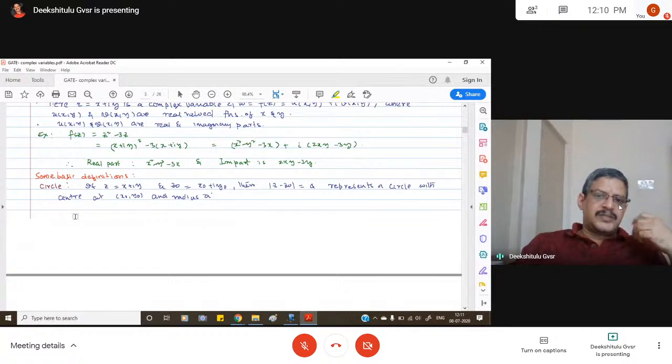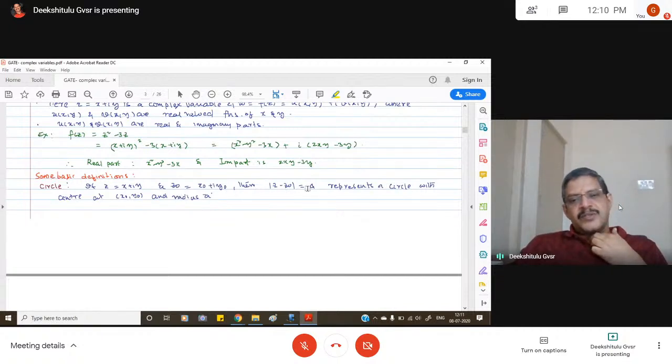What is the similar concept in the complex number system, for complex functions? Some basic definitions. Circle: if z is equal to x plus iy and z naught is equal to x naught plus i y naught, then modulus of z minus z naught is equal to a, which represents a circle centered at (x naught, y naught) and radius a. What is z minus z naught?